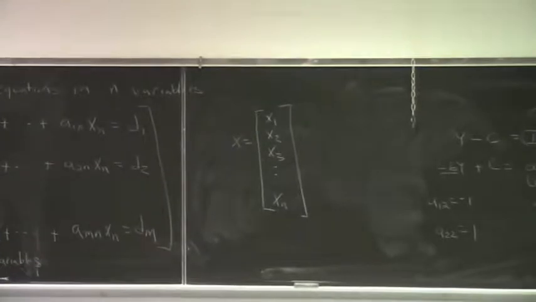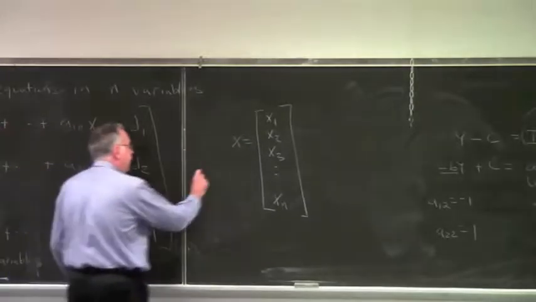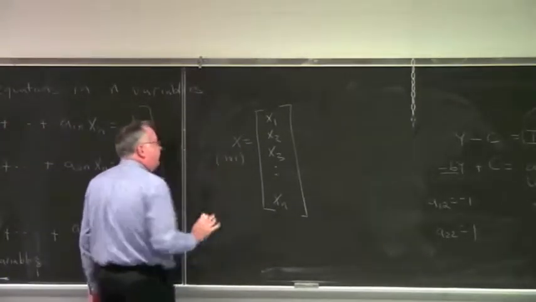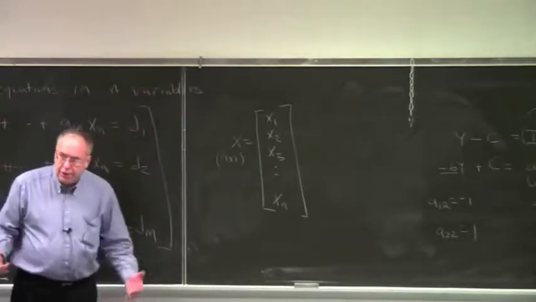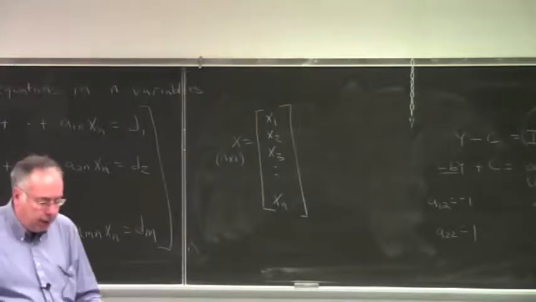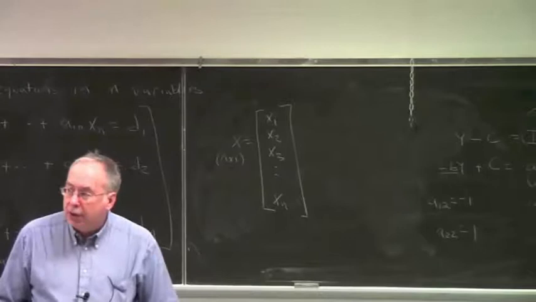How many rows are there? N by 1. Yeah. There are n rows in just one column. So this has a dimension n by 1. Vectors are just special types of matrices. They either have just one column or one row. So this is a column vector. Okay.